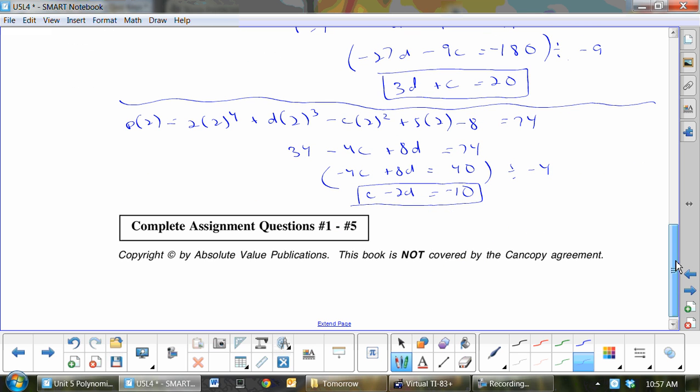And now I got to take both of these and get something going here. So let's carve out a little corner here. I will write them right over each other. 3D plus C equals 20. And then negative 2D plus C equals negative 10.